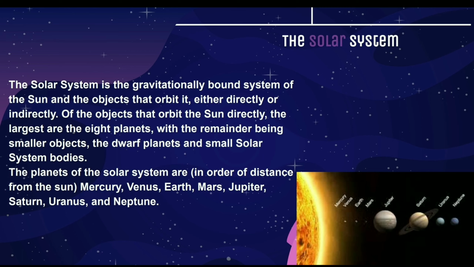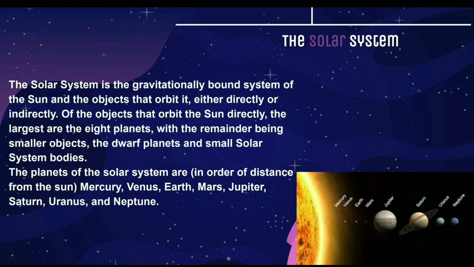Of the objects that orbit the sun directly, the largest are the 8 planets, with the remainder being smaller objects like dwarf planets and smaller solar system bodies. So what orbit the sun directly are planets. The largest are the 8 planets which we know, and we also have some smaller planets which we call the dwarf planets, and then we also have other small bodies that occupy the solar system.